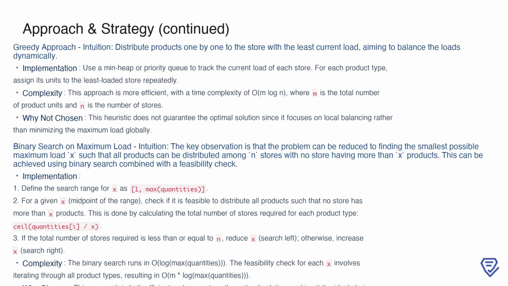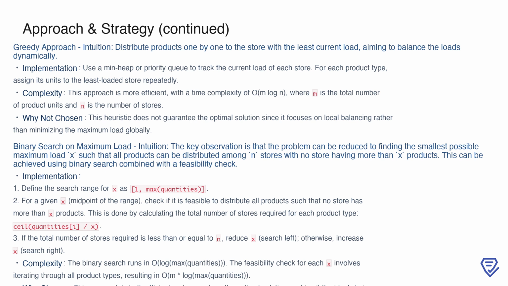The lack of optimality leads us to consider a third approach, binary search on the maximum load. The key idea here is to identify the smallest possible maximum load, x, such that all products can be distributed to the stores without exceeding this limit. We achieve this by defining a search range for x and verifying if a given x is feasible through a decision-making process.